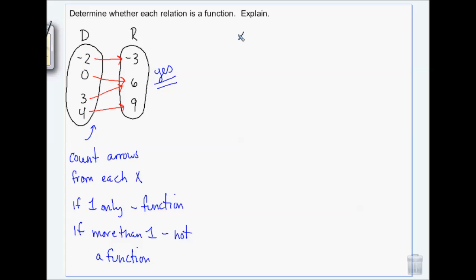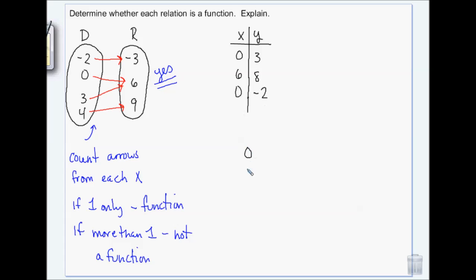If I take a different table, there's a couple ways I can do this. I can look at this table and see if I have 2 x's that are the same with 2 different y's.